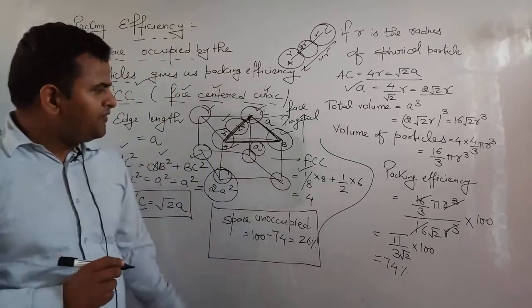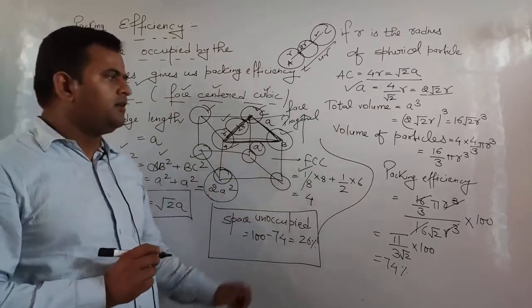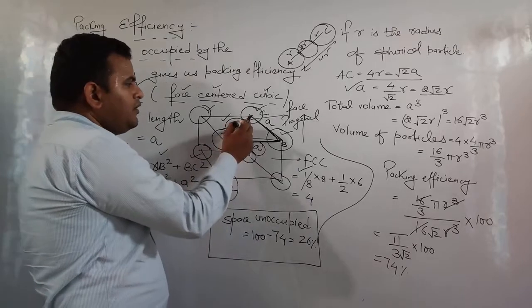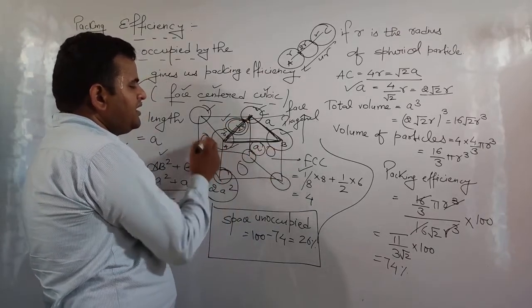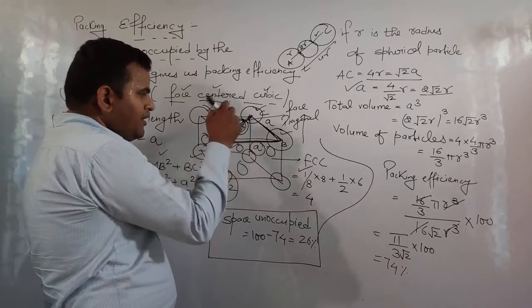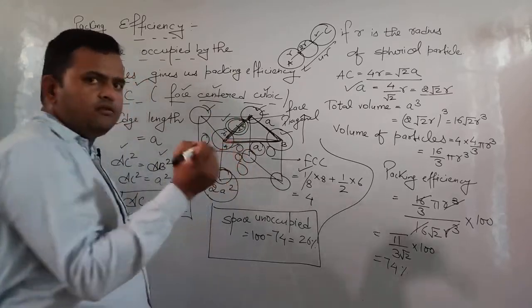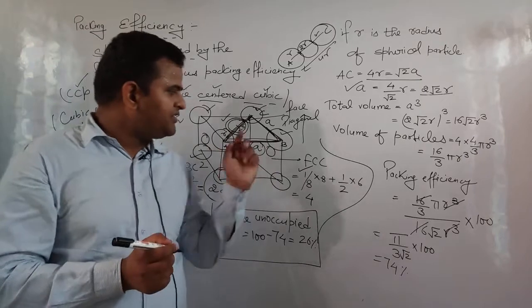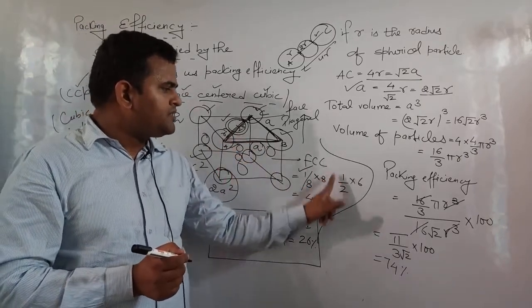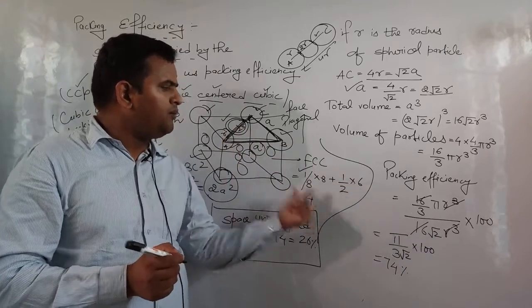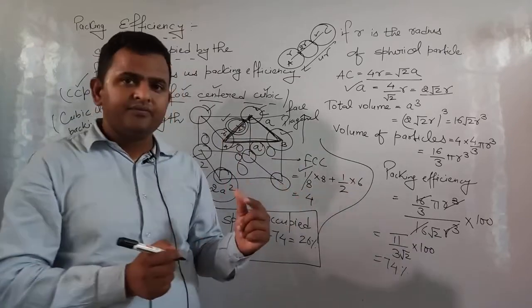And if we talk about face centers, there are 6 face centers. One is above, one below, one here, one here, one at the back, on the other side of that cube. So the contribution is 1/2 each for 6 faces. So the total number of particles in FCC is 4.